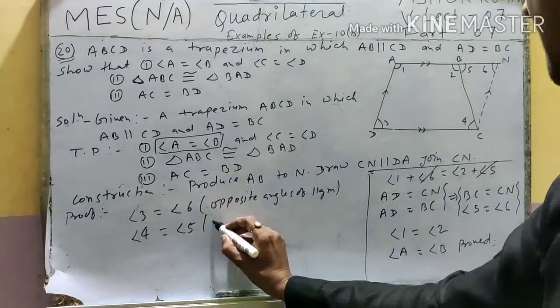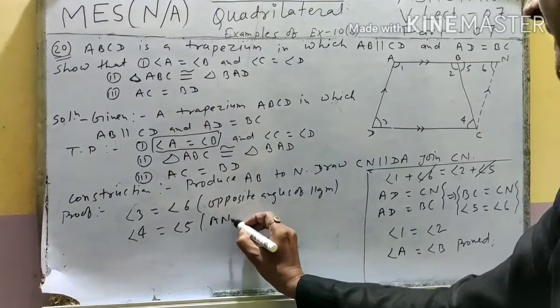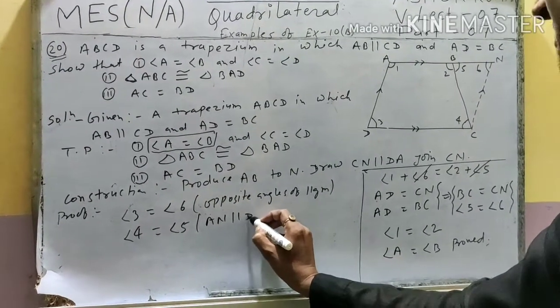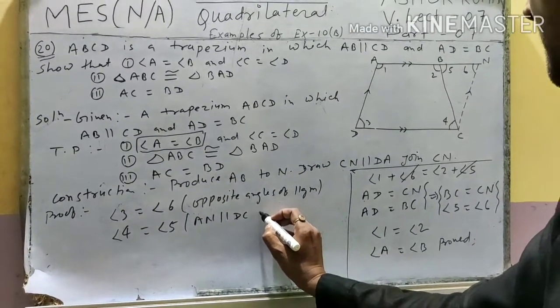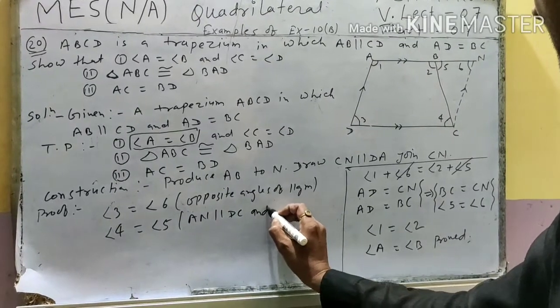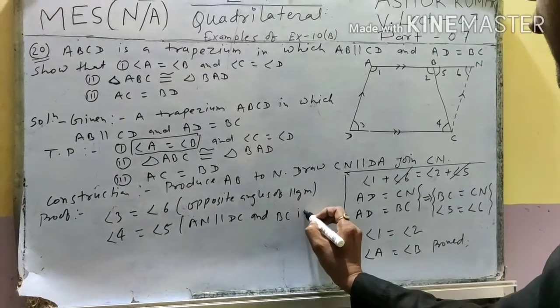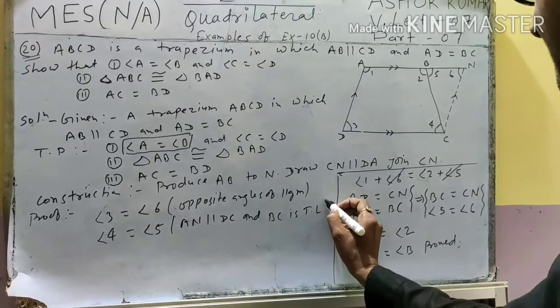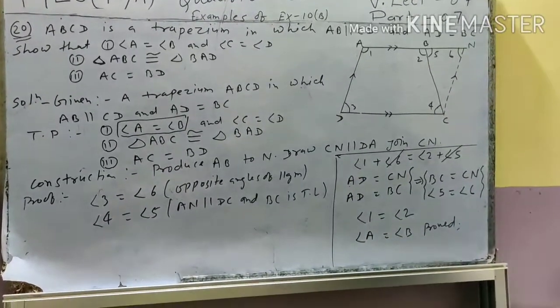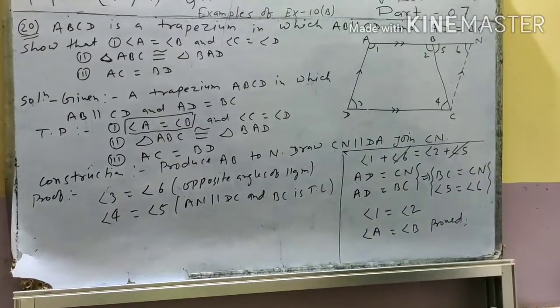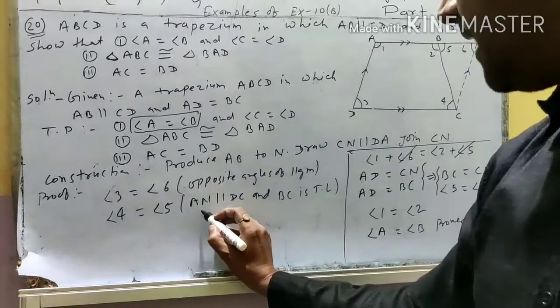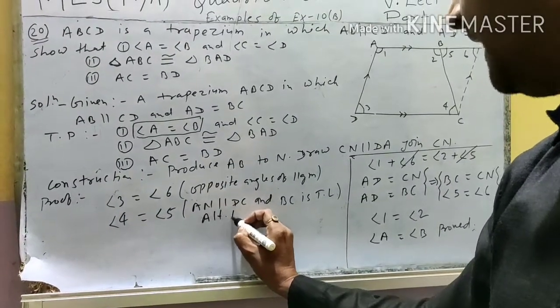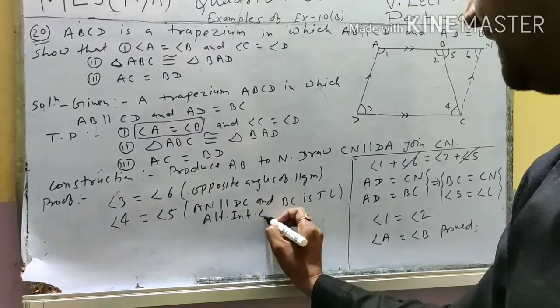So we can write here AN is parallel to DC and BC is the transversal, and the reason is alternate interior angles.